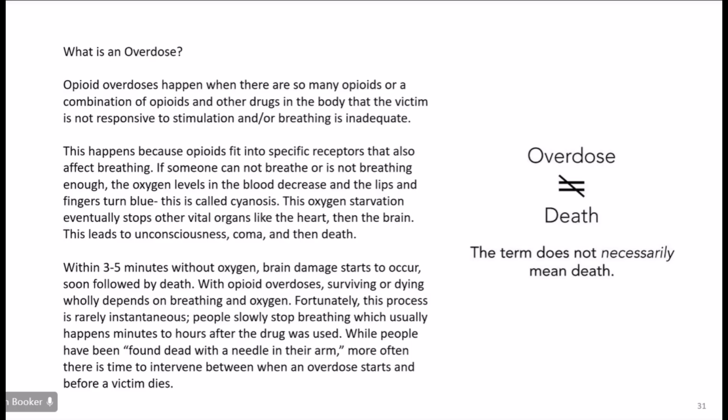This is called cyanosis. This oxygen starvation eventually stops other vital organs like the heart, then the brain. This leads to unconsciousness, coma, and then death. Within 3 to 5 minutes without oxygen, brain damage starts to occur, soon followed by death. With opioid overdoses, surviving or dying wholly depends on breathing.